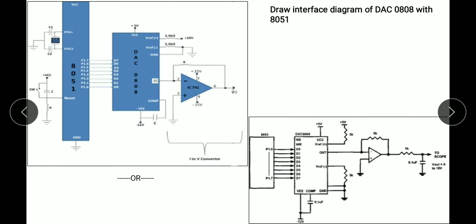After that, a 5k ohm resistor is given here, here also 5k ohm resistance, and here also 5k ohm resistance is connected. After that, we get the V out here, that is 0 to 10 volt. This is the interfacing diagram for the DAC 0808 with the 8051 microcontroller.